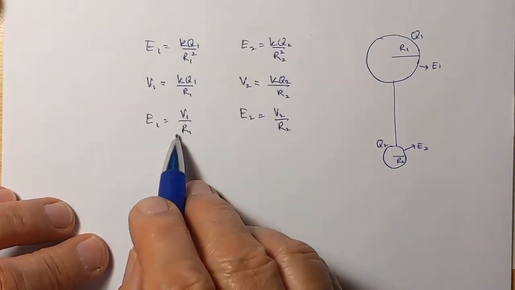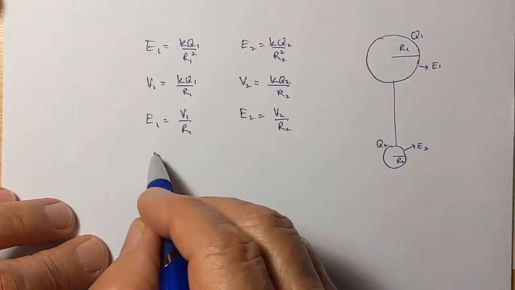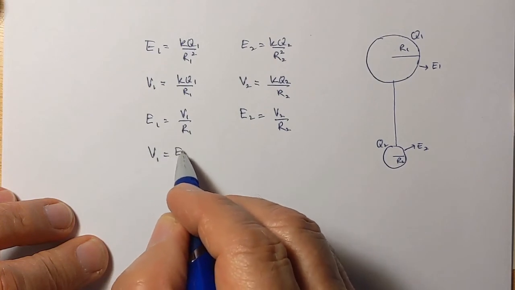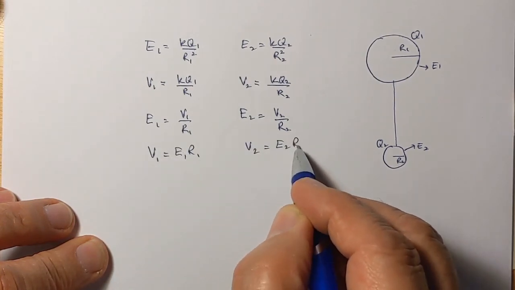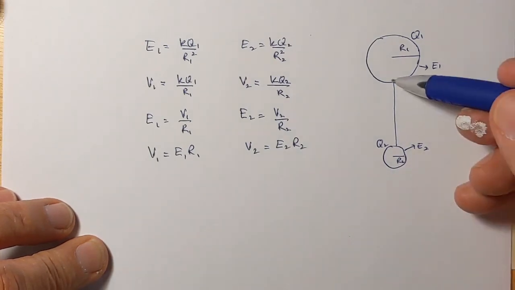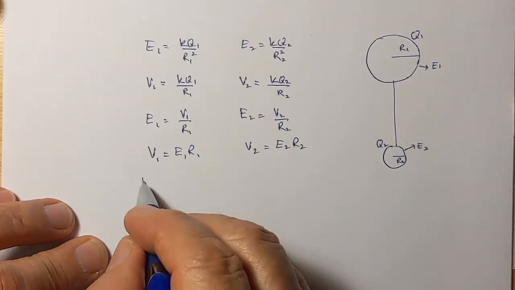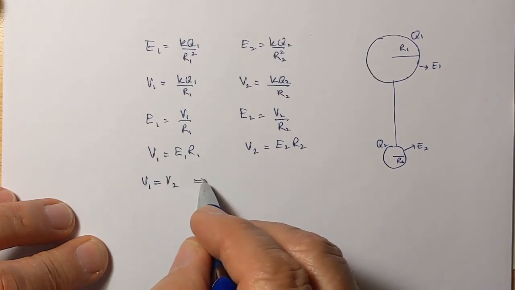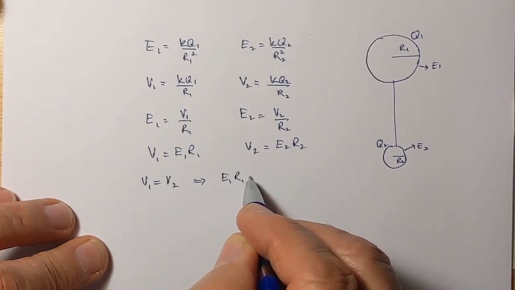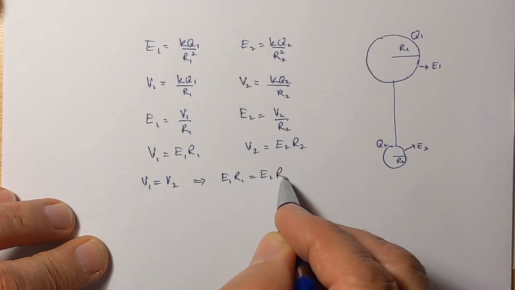We can now rearrange that and say V1 equals E1 R1 and V2 equals E2 R2. But because they are connected together, V1 equals V2, and therefore E1 R1 equals E2 R2.